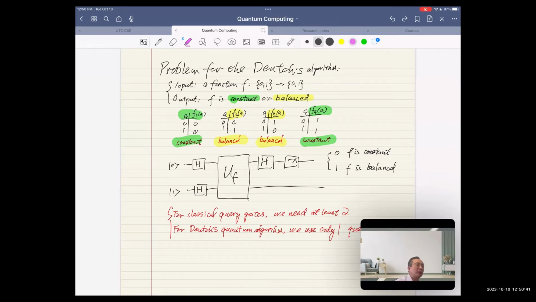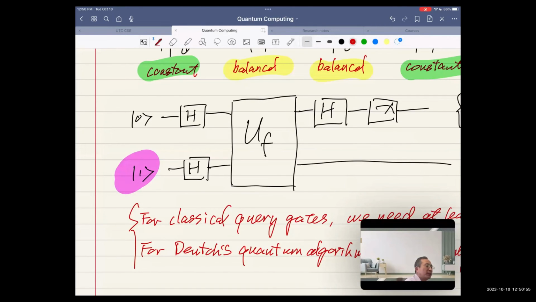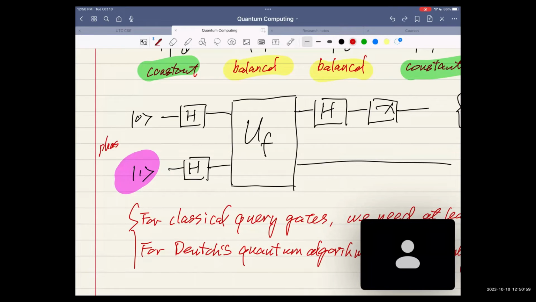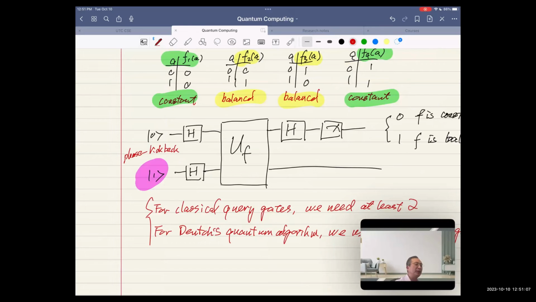But for the Deutsch algorithm, this kind of one is carefully designed so that there will be so-called phase kickback. So it is intentionally designed.